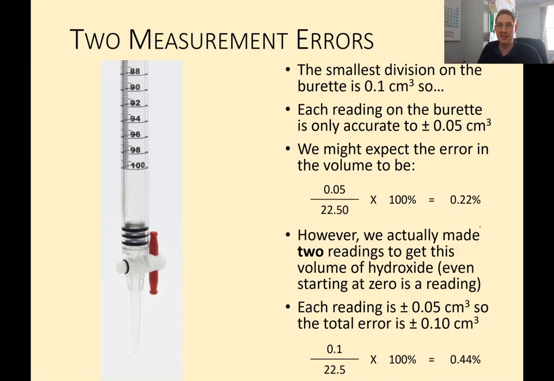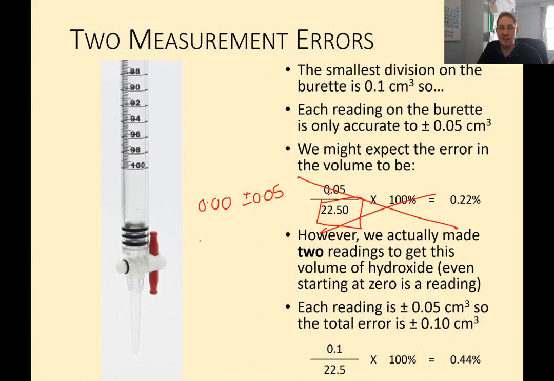And the burette here, okay, so we read a titer of 22.5 centimeters cubed. We might expect the error to be this, but of course it's not, because we needed to read 2 readings. And even if we started at 0.0, that is plus or minus 0.05 centimeters cubed, okay.